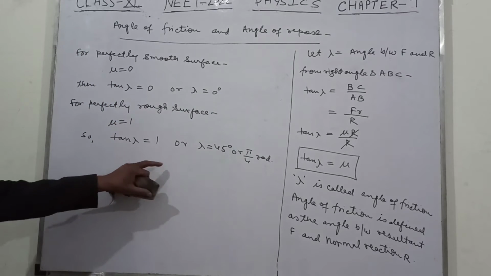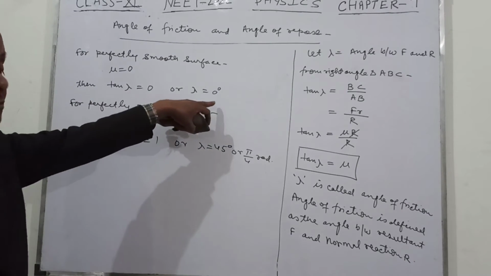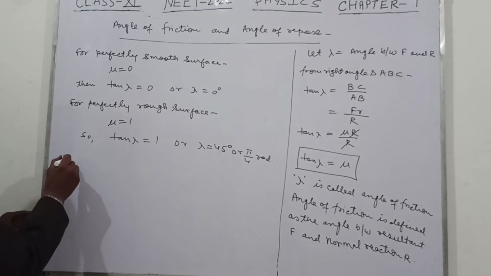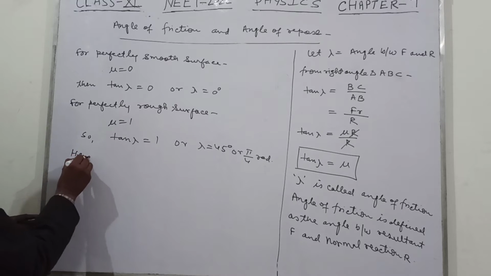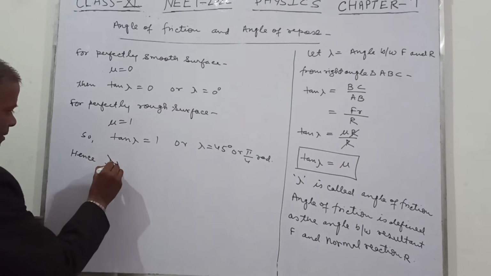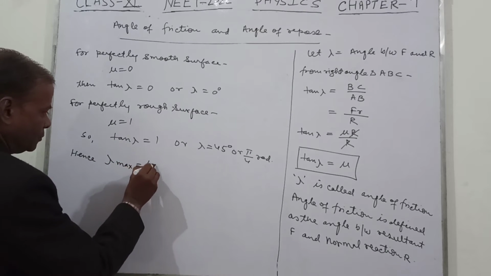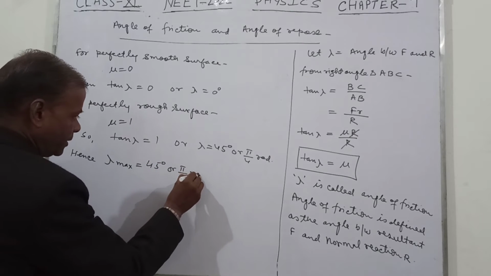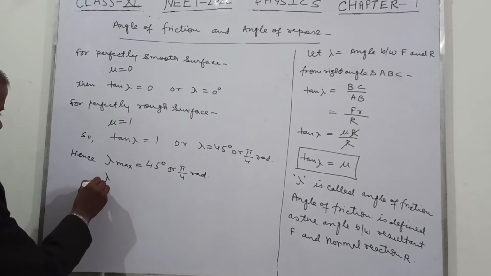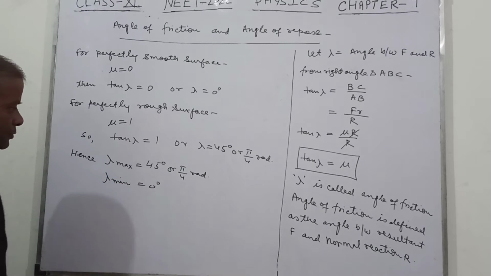So the maximum value of lambda is 45 degree and the minimum value is 0 degree. So lambda maximum is equal to 45 degree or pi by 4 radian and lambda minimum is equal to 0 degree.